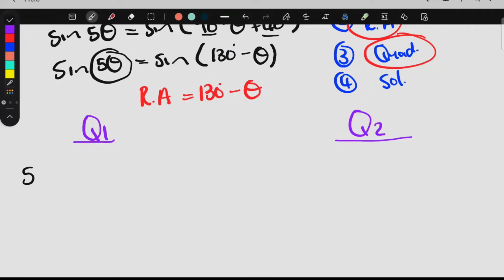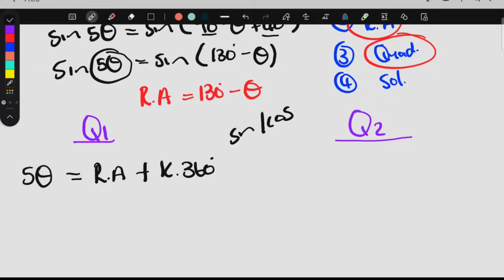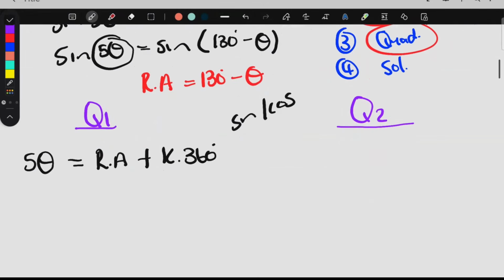So I'm going to say 5 theta is equal to the reference angle plus k 360. Why 360? Because I'm busy with sine. So sine and cos, the period is 360. And tan, the period is 180. Okay, so that's what I write in quadrant 1.